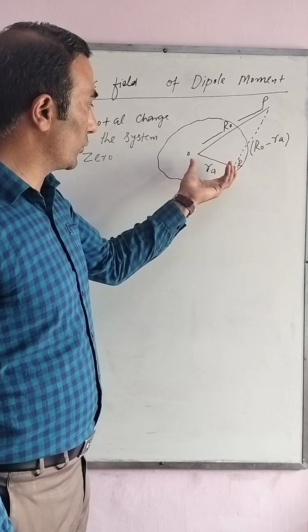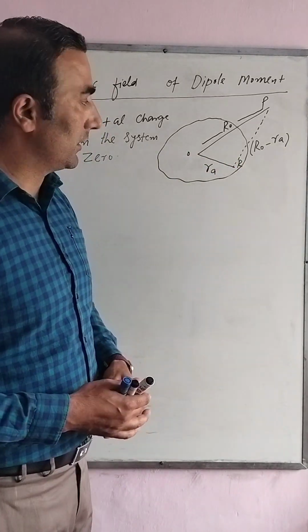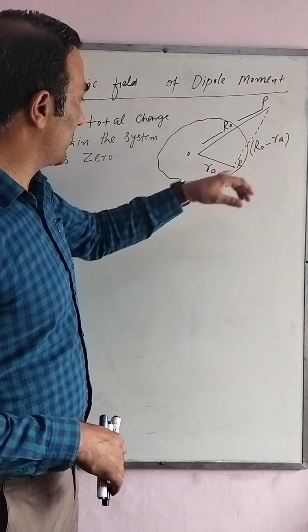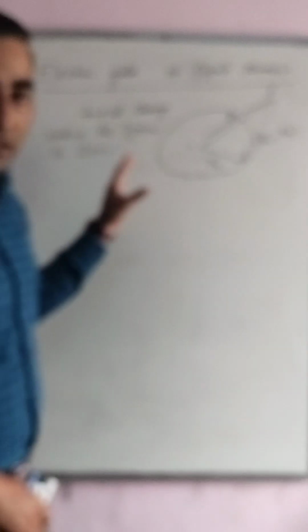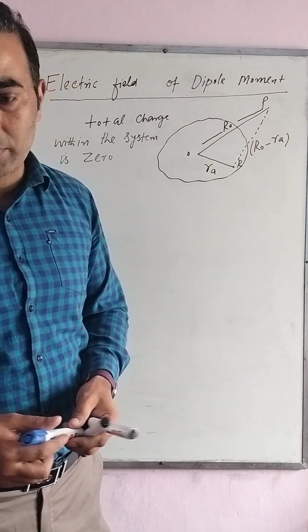And if we assume some dipole within this region at a distance of r a from the center, we can write them. So initially, हमने assume करना है कि the total charge within the system will be zero.